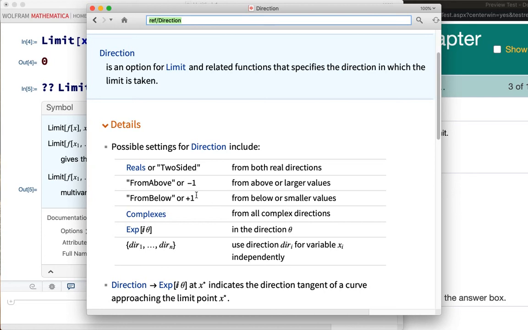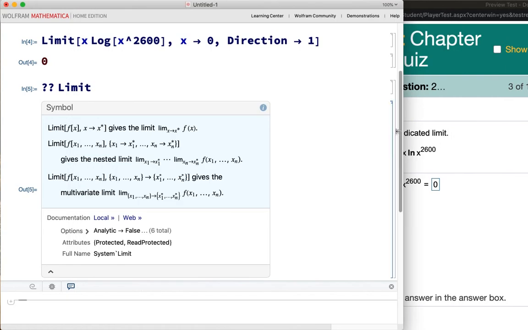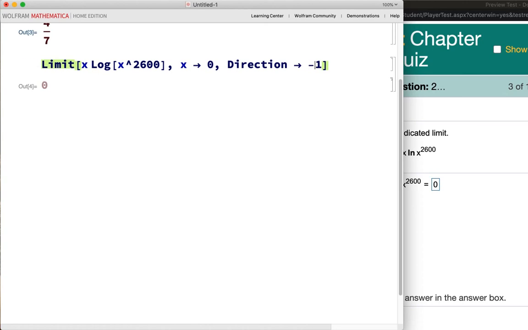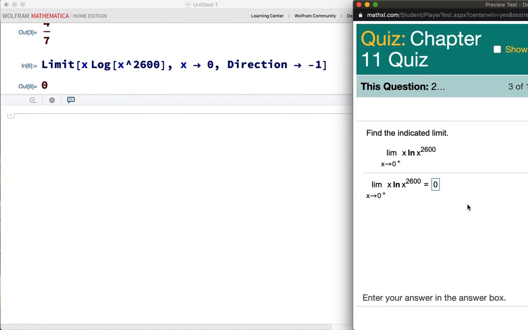So actually, I stand corrected. If you're figuring out the right-sided limit, which is from above, then the setting for the direction option should actually be -1. Although I don't think it's going to affect the outcome of this problem. If we use the option -1 for the direction, the answer is still going to be 0. So it didn't affect the answer for this particular problem.